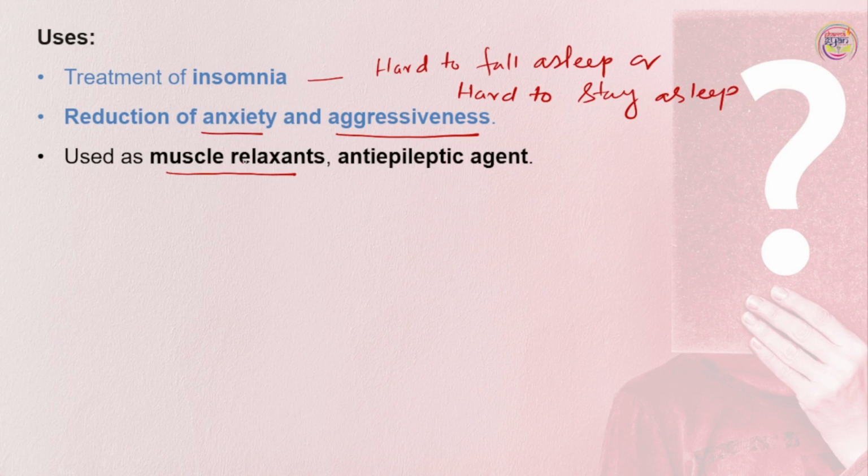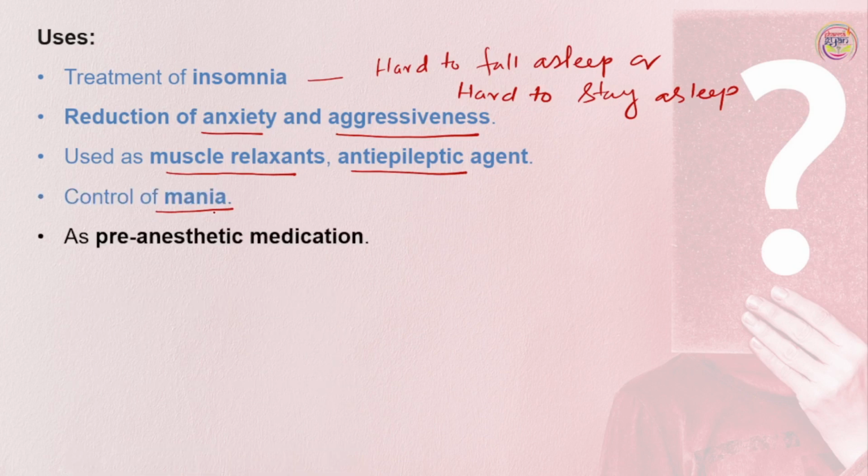They are also used as an anti-epileptic agent for the treatment of epilepsy or convulsion. This category of drugs can be used for the control of mania. So this is another important use of sedative and hypnotics.